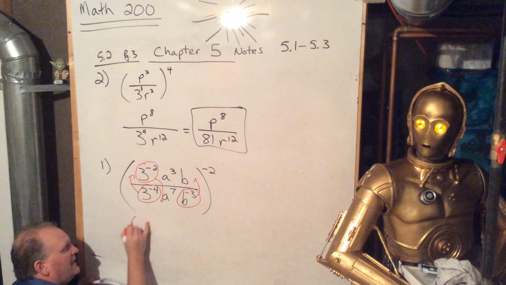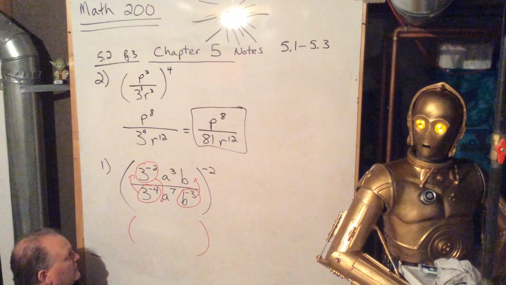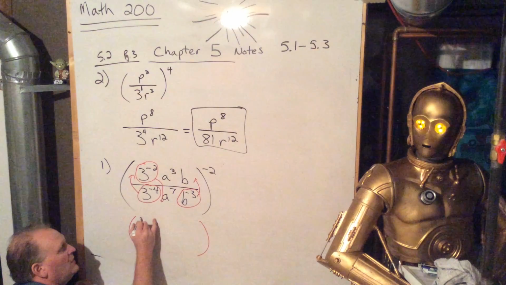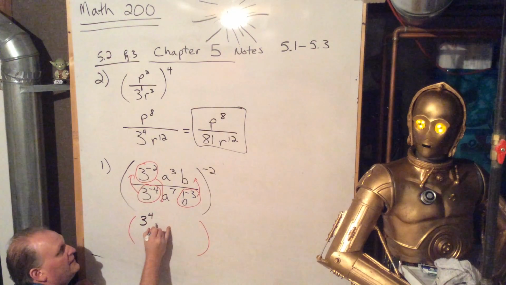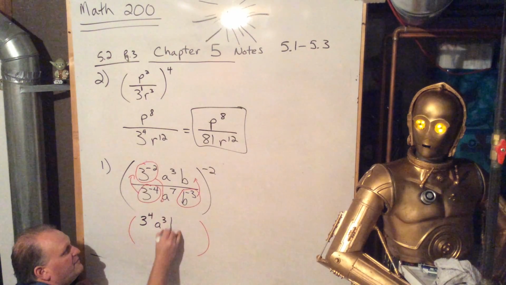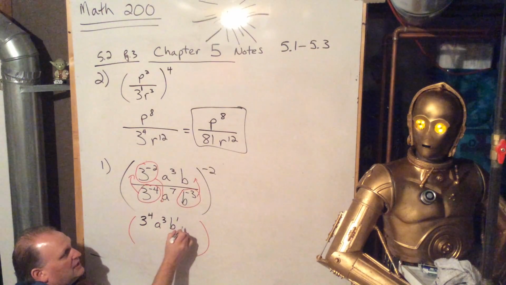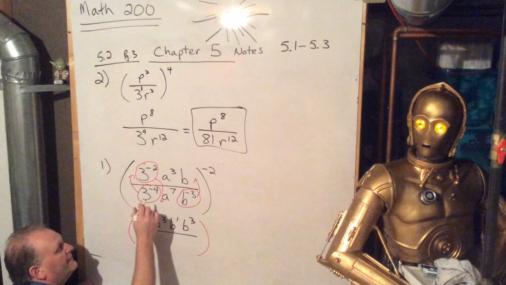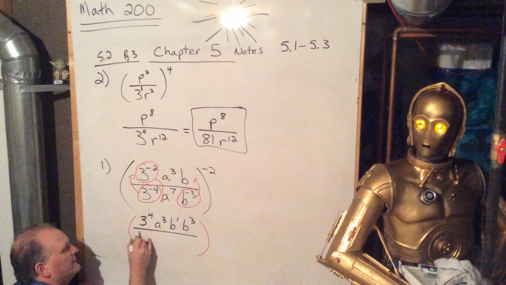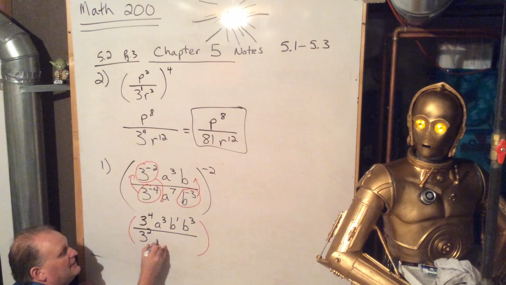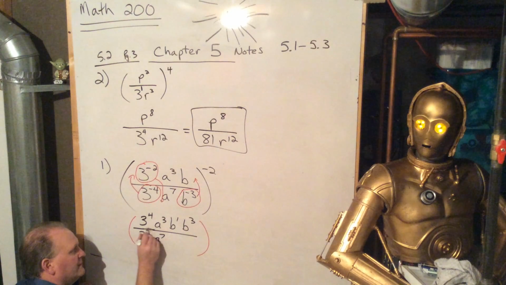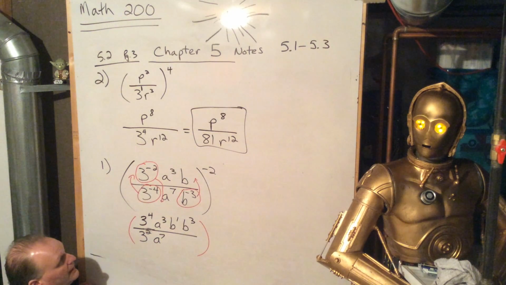So when we do all of that shipping, what is it going to look like? We're going to have 3 to the 4th, a to the 3rd, b to the 1st, b to the 3rd on the top. On the bottom, we're going to have 3 to the 2nd, a to the 7th, and that's it.